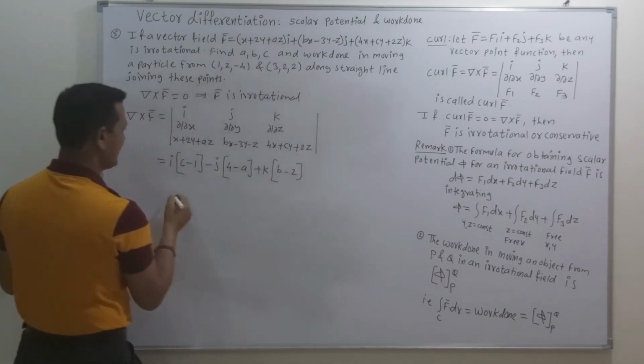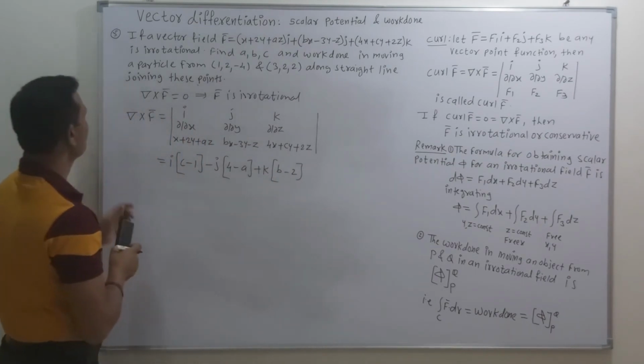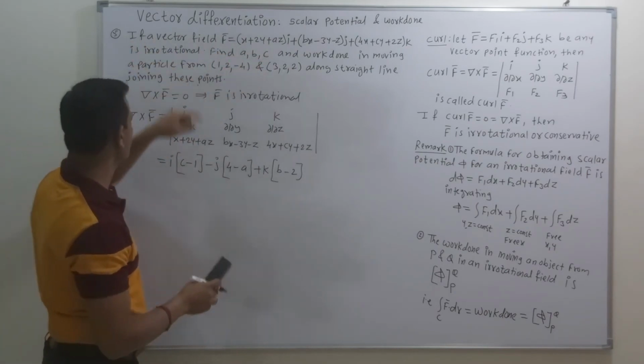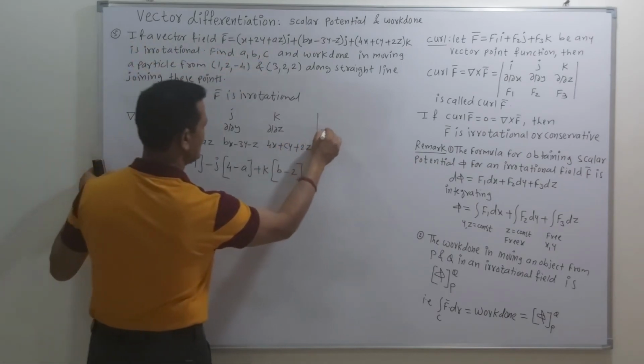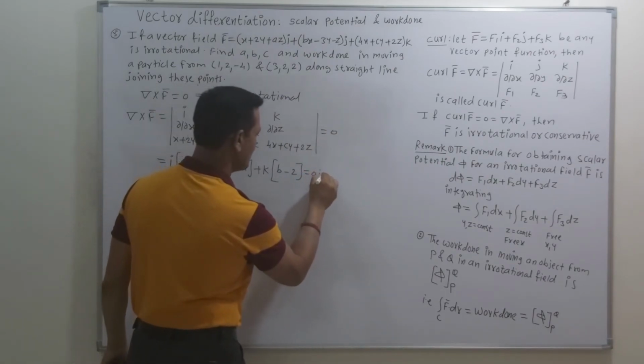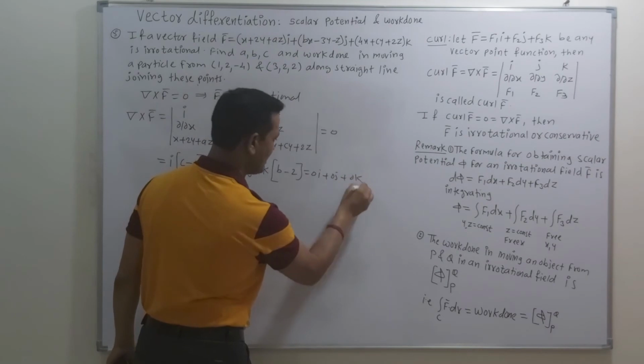Now in this way we get this value, and our aim is to show that the vector field is irrotational, that means this value is equal to 0. So this is 0i plus 0j plus 0k.